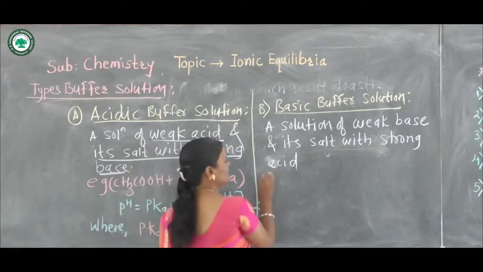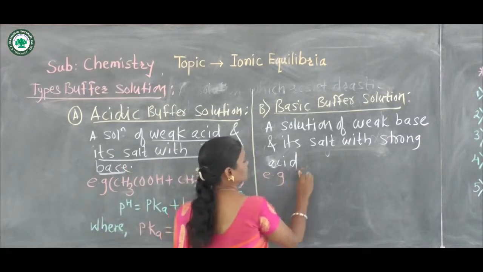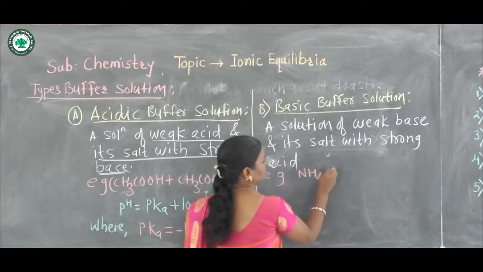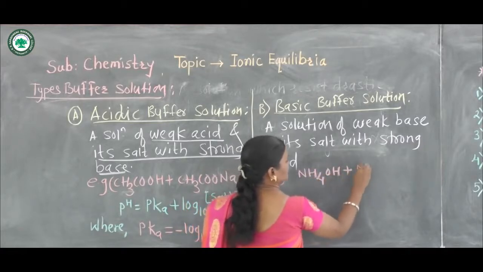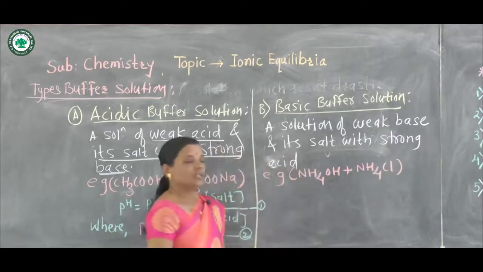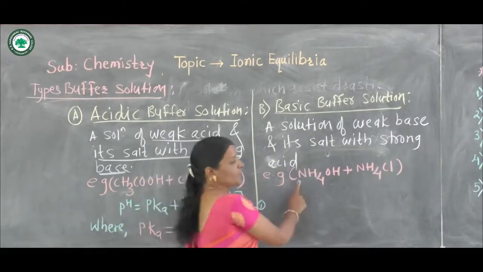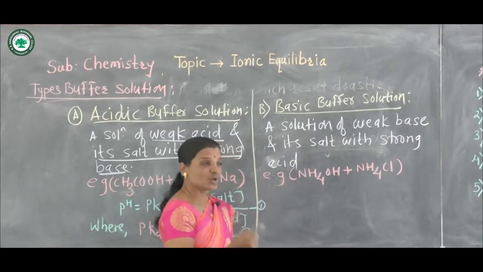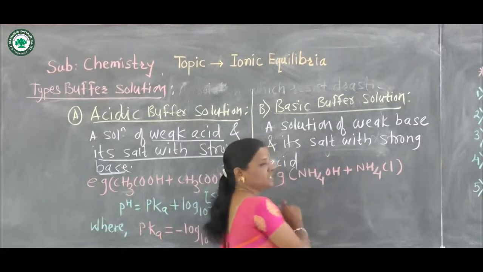For example, solution of ammonium hydroxide and its salt with strong acid is NH4Cl.